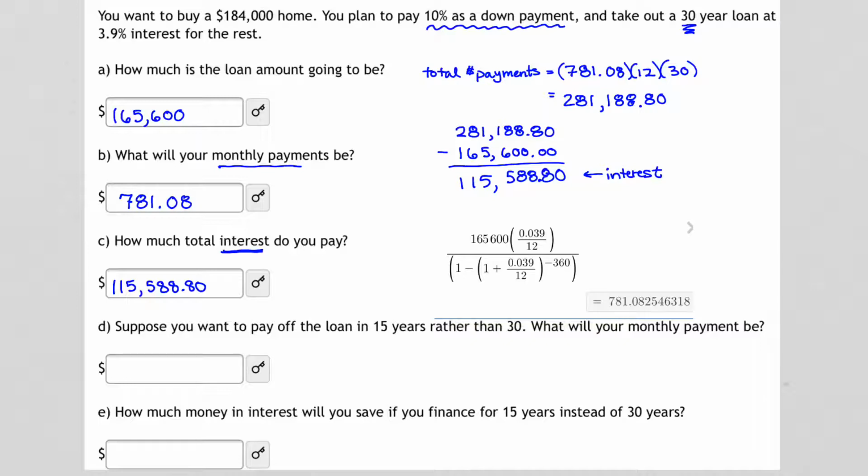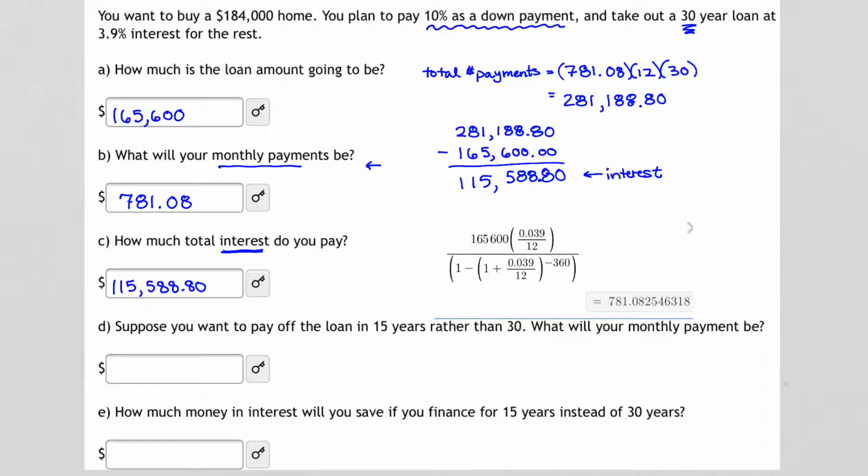Suppose you want to pay off the loan in 15 years rather than 30. All right. So, what will our monthly payment be? Well, for Part B, we were figuring out the monthly payments based on a 30-year loan.